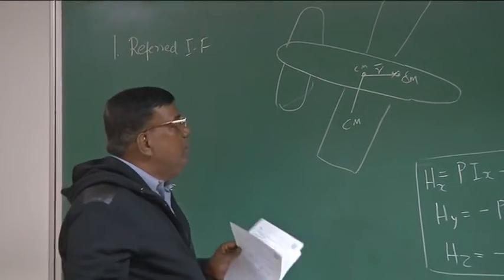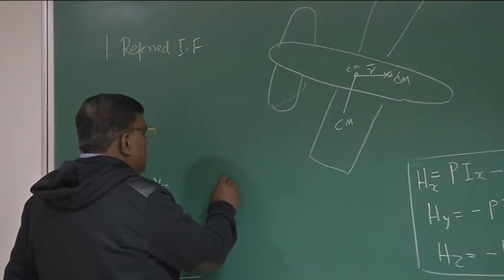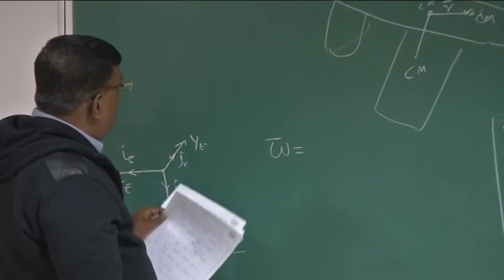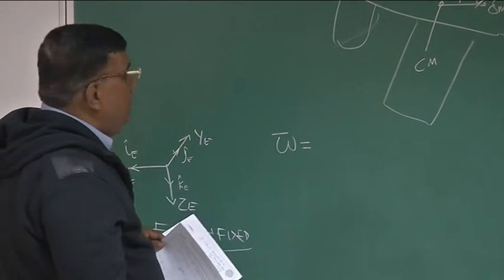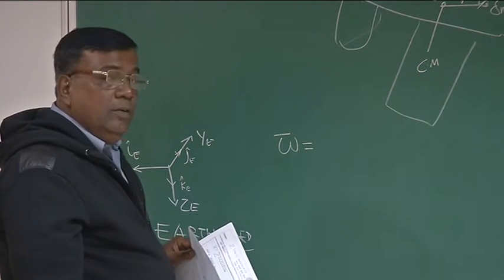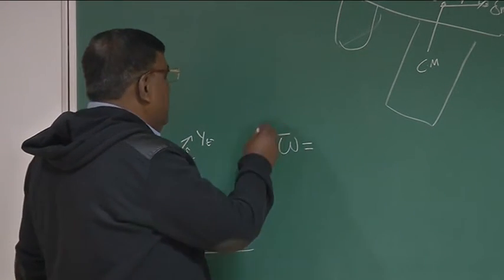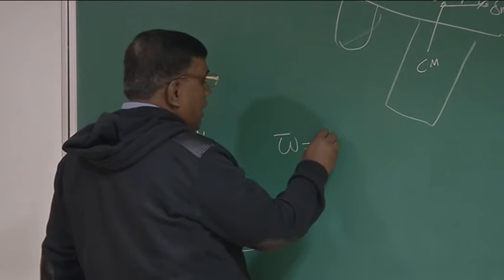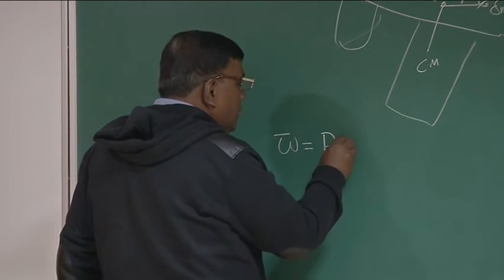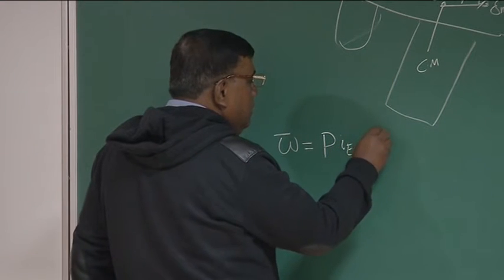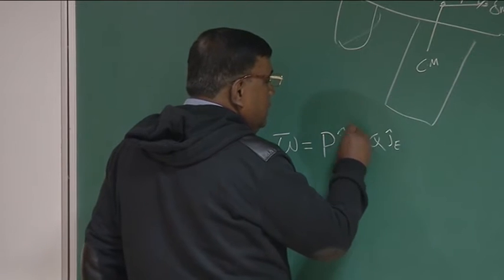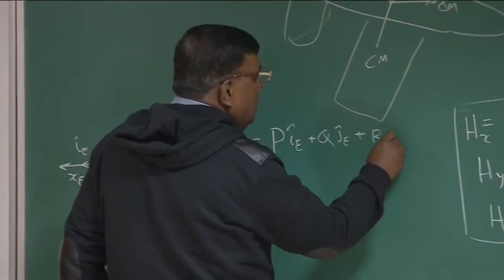What was omega? Omega is what we assumed to be the angular velocity about the inertial frame, which has iE, jE, kE as the unit vectors. So if I write omega in terms of the inertial frame, I will write omega as P iE plus Q jE plus R kE.